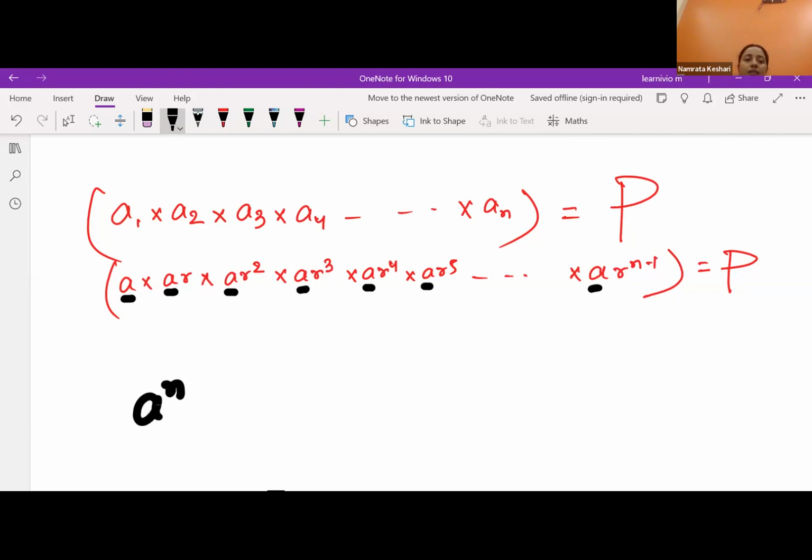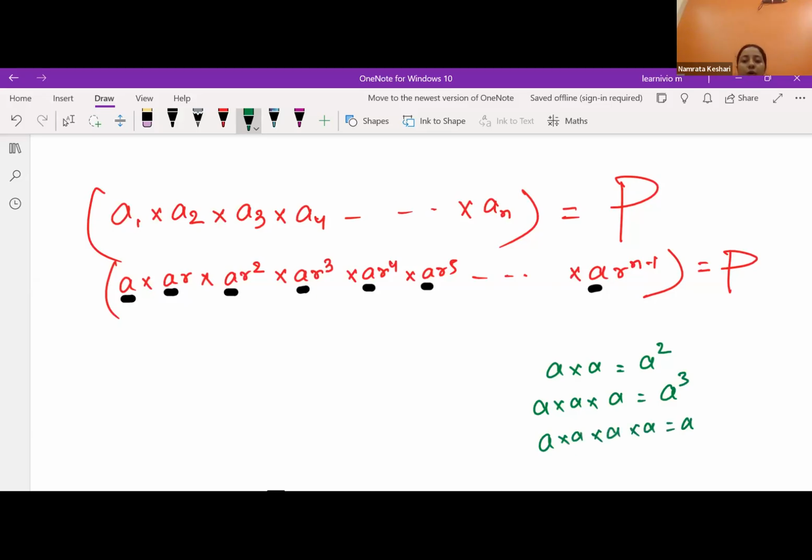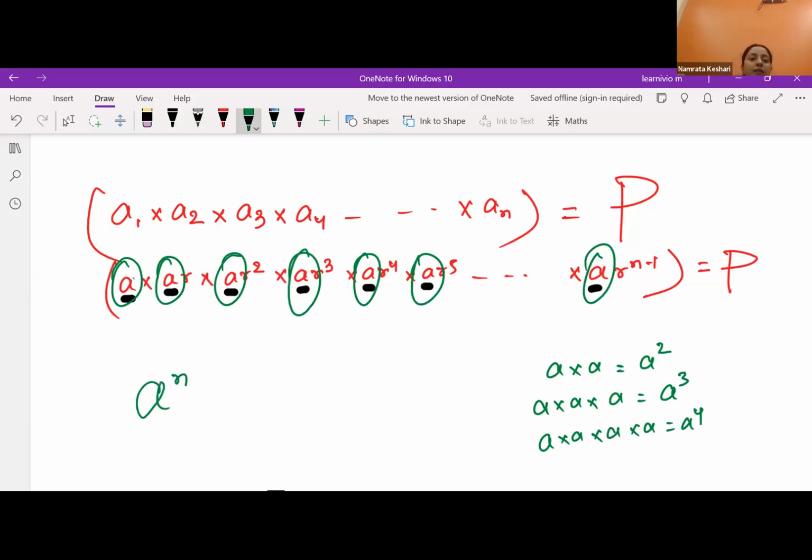If you have A into A, you write A to the power 2. If you have A into A into A, you write A to the power 3. A into A into A into A, A to the power 4. But here you have A multiplied till the nth term, starting from the first term. So can I write A to the power n? Can I?